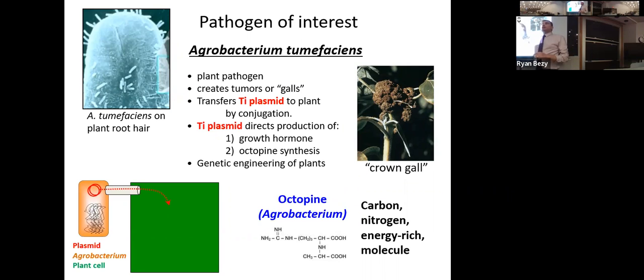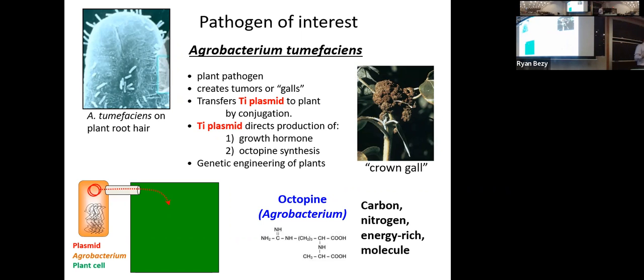If you think of what a tumor is, it's basically a mass of cells rapidly undergoing unchecked cell division. When we talk about cancers as tumors, a cancer is a bunch of cells that just keep dividing, and they make a mass or a tumor. In this case, the bacterium is literally causing plant cancer. It's making these tumors where the plant cells just keep dividing unchecked.